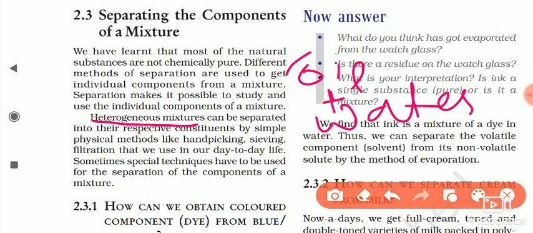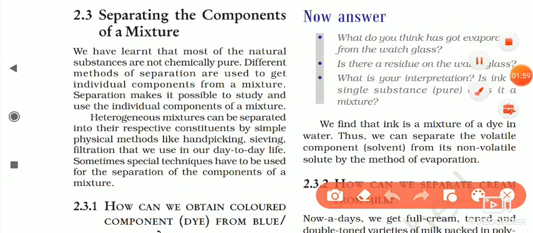We can separate heterogeneous mixtures, there are many examples, by using simple physical methods like hand picking. So where do we use hand picking? I will explain. First method is hand picking.